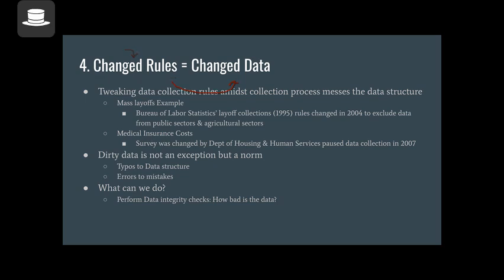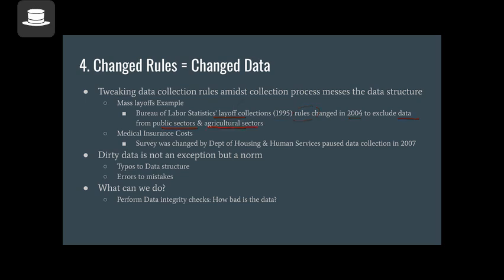The Bureau of Labor Statistics layoff collection started in 1995, which kept a record of the number of layoffs in both private and public sectors starting 1995. And they suddenly changed the rule in 2004 to exclude data about layoffs from public sectors and especially agriculture sectors.